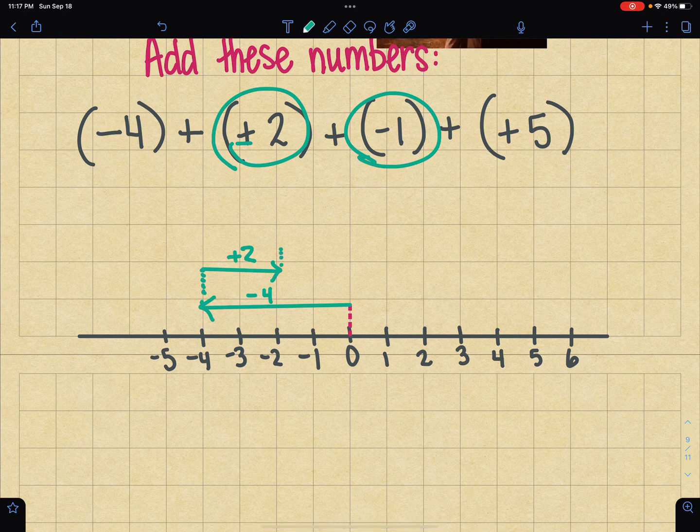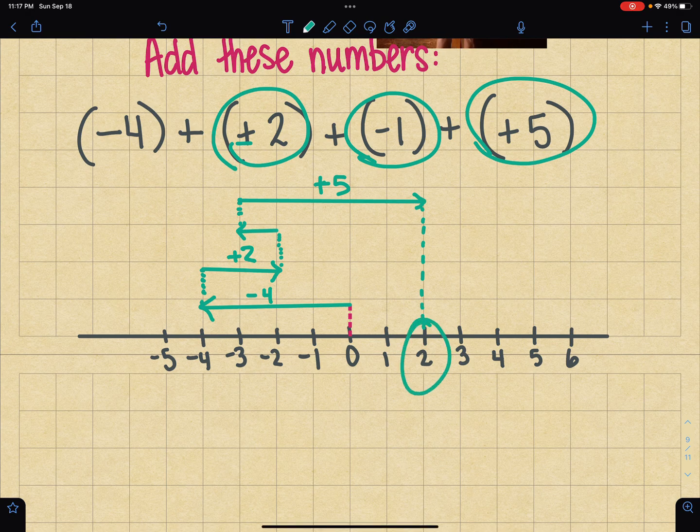So I'm going to go up from there and just go -1 space. Boom. Easy peasy. And then we're going to go up from there, and we're going to add a +5. So 1, 2, 3, 4, 5. +5. And if I did everything correctly, I land right there at that +2. Pretty sweet. And what this shows is that this math problem is equal to 2.